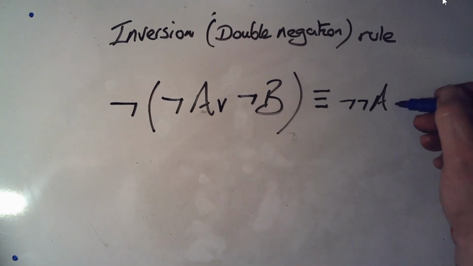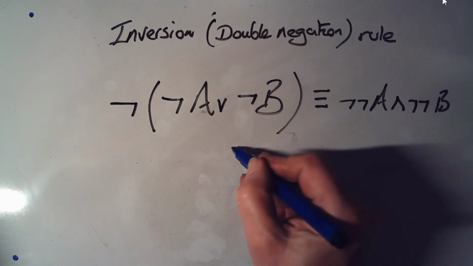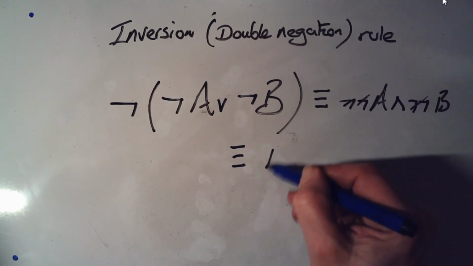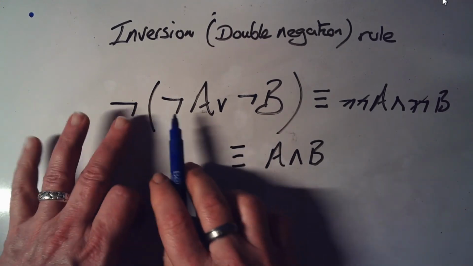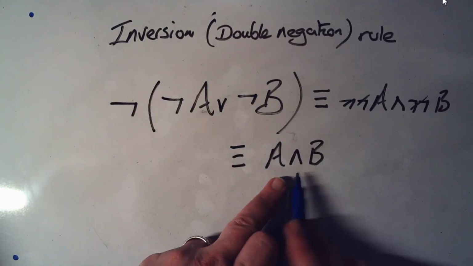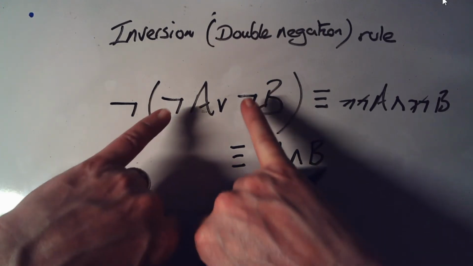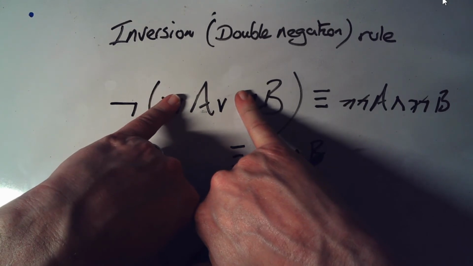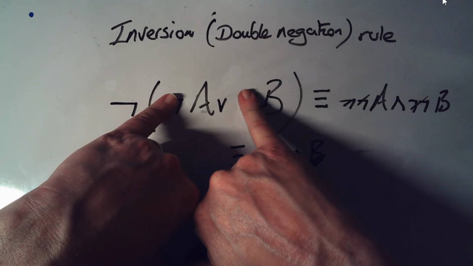Flip the sign, don't forget to do that, and then we have negative negative B. Okay, now of course now we've got that, we can simplify it even further by cancelling out our two negatives, and we simply are left with A and B. So this expression here can be simplified to simply A and B, and that's because in looking for an opportunity to apply De Morgan's laws, I've not been put off by the fact that we've got these negatives inside the bracket.